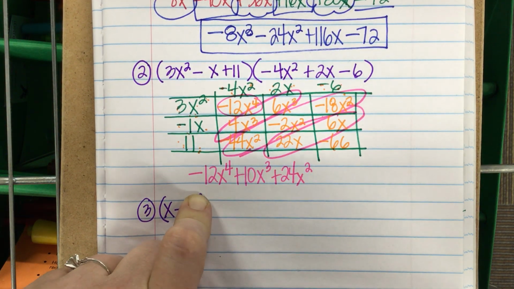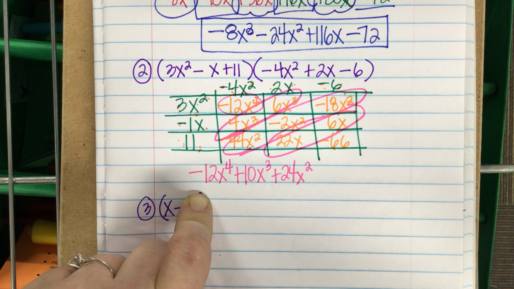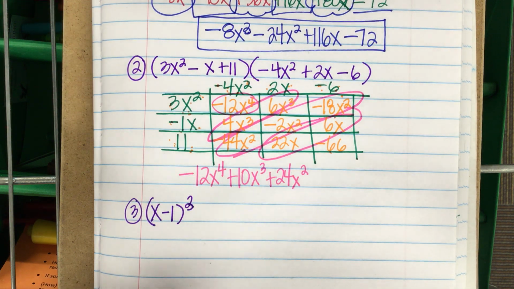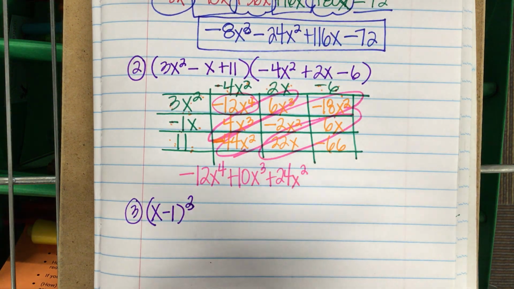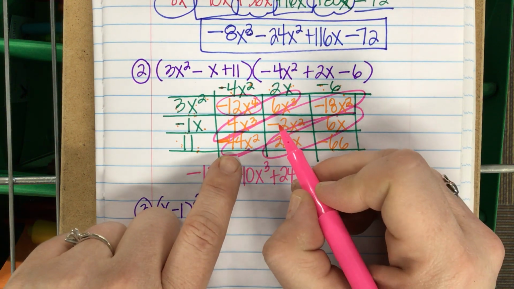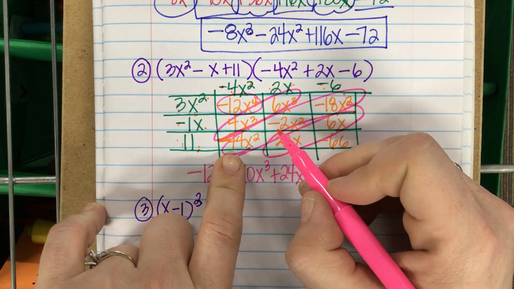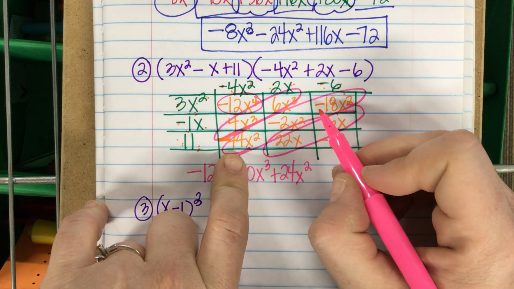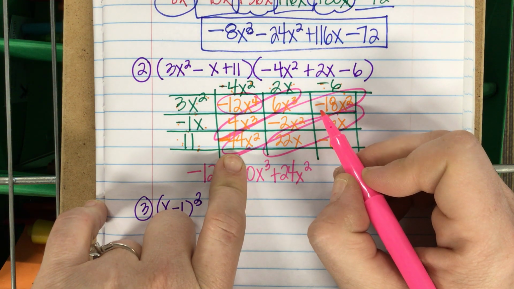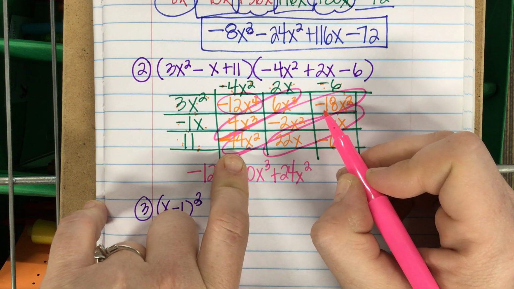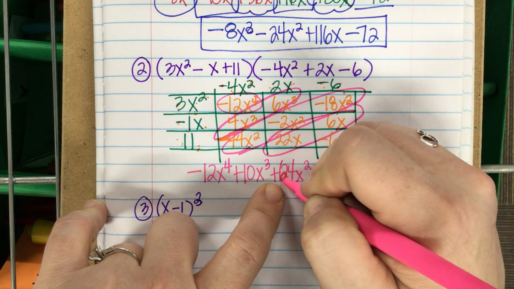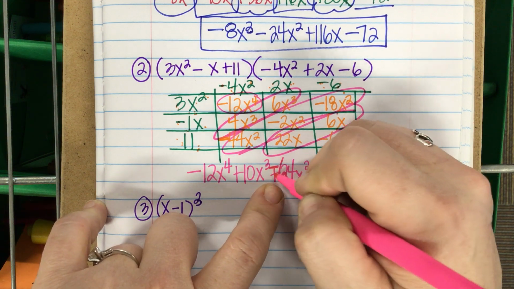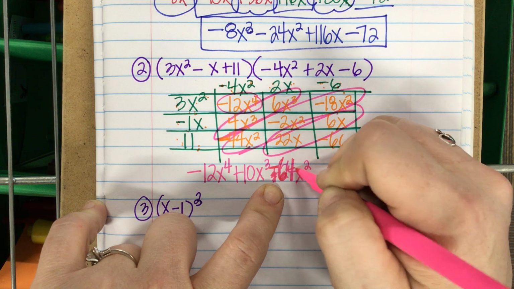Wouldn't negative 4x squared times 11 be negative 44x squared? Oh, you're right. My negative got caught up in my pink circle. Negative 44, negative 2 make negative 46, plus negative 18 makes negative 64x squared.